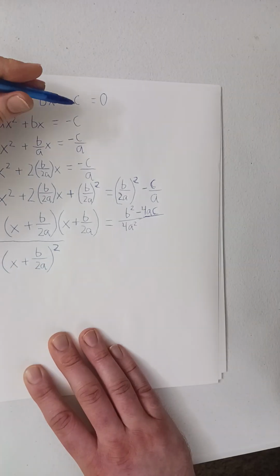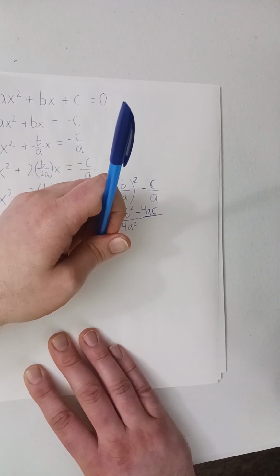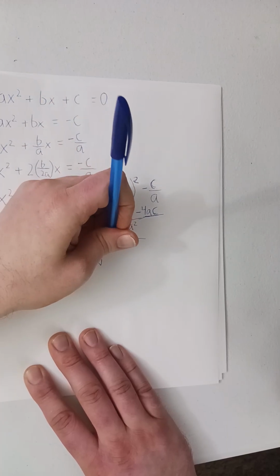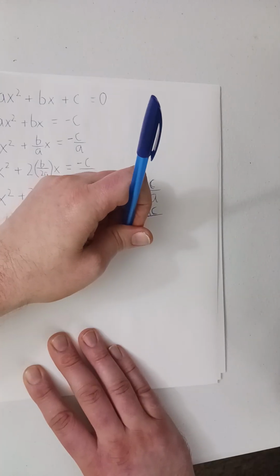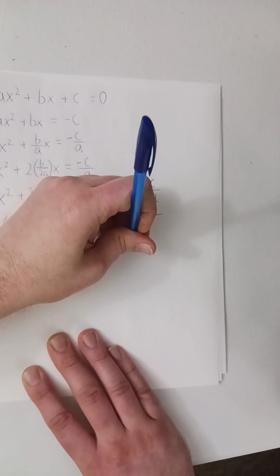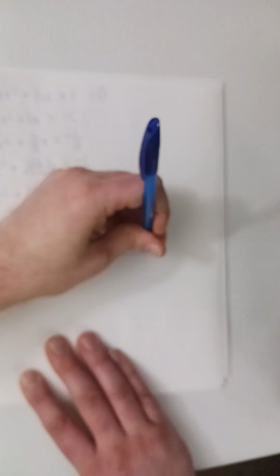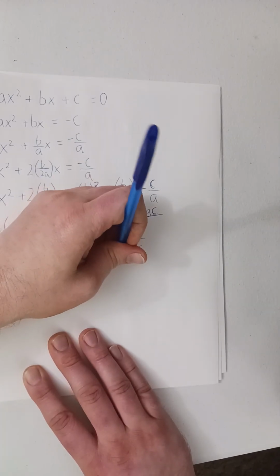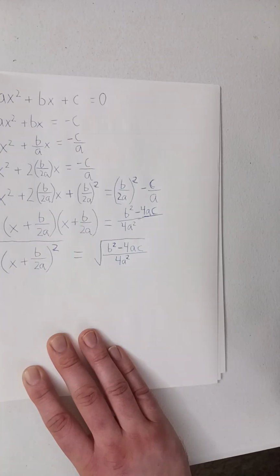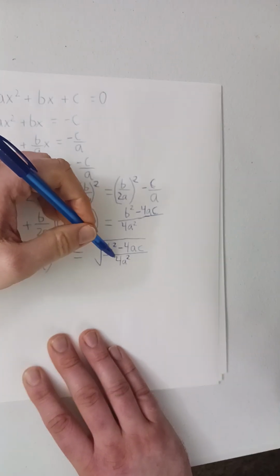To equal the same thing as this. Equals the square root of b squared minus 4ac divided by 4a squared. So it's the same as it was, just with the square root sign.